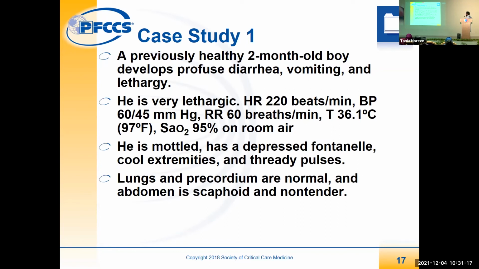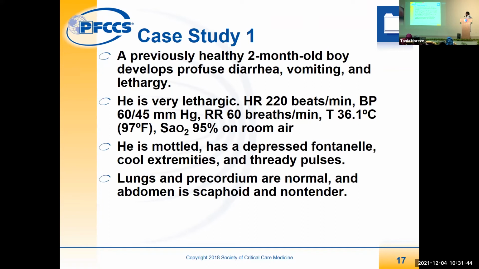Now there are a few cases. A previously healthy 2-month-old boy who had gastroenteritis and is lethargic. His heart rate is quite high, he is hypotensive and tachypneic, temperature is on the low side, oxygen saturation is still within limits.